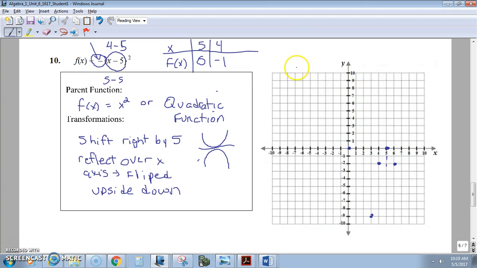Let's put in 7. If I input 7, I get negative 7 minus 5 squared. 7 minus 5 is 2. 2 squared is 4 times a negative is negative 4. So 7 is negative 4. And that means 3 is also negative 4.